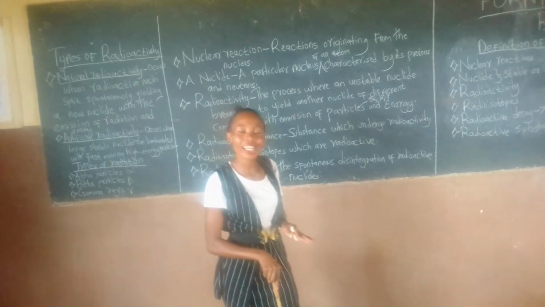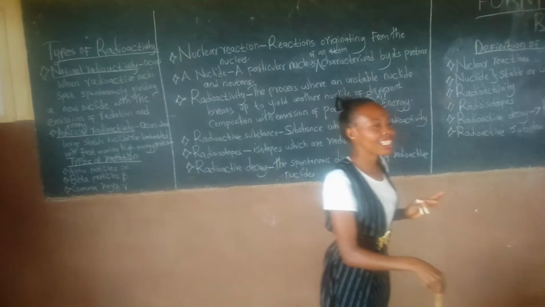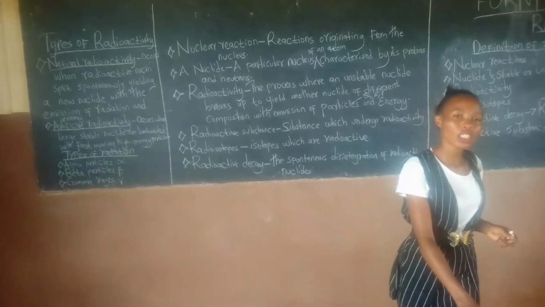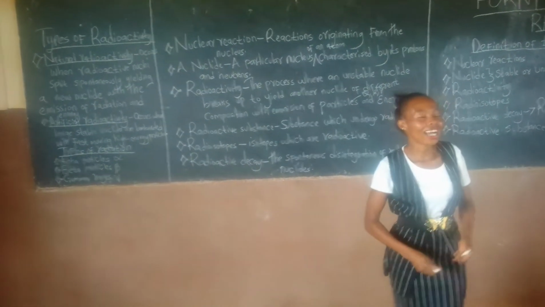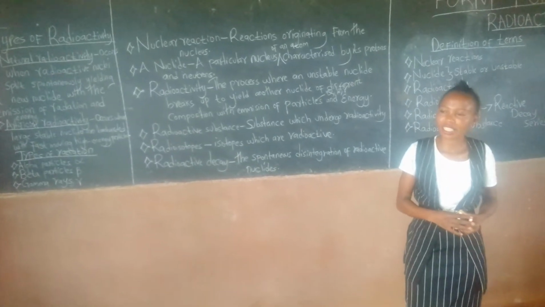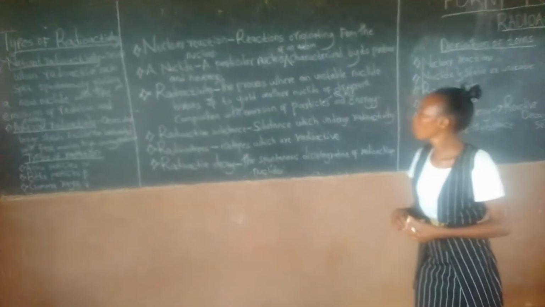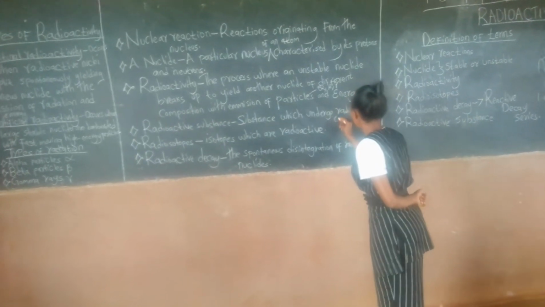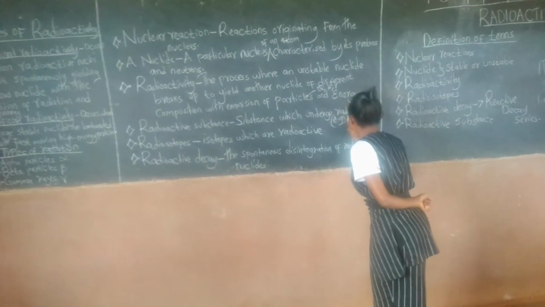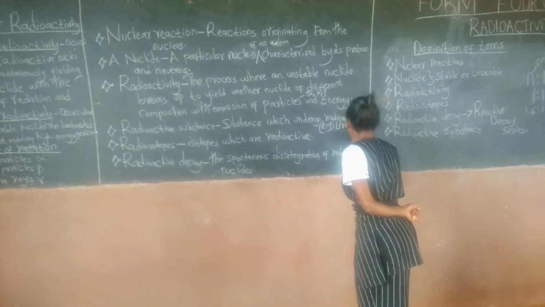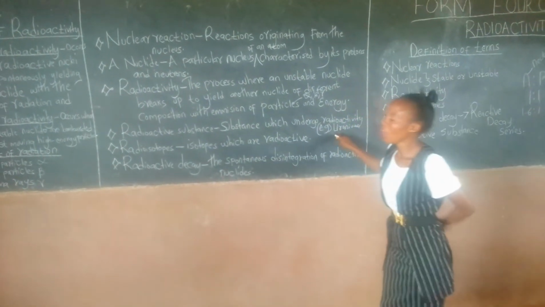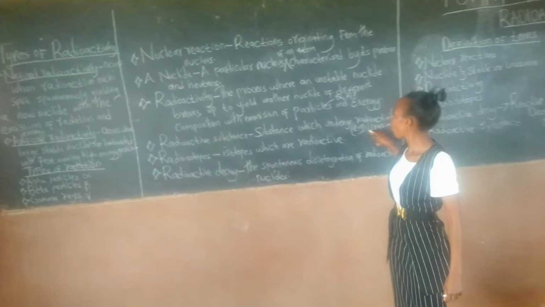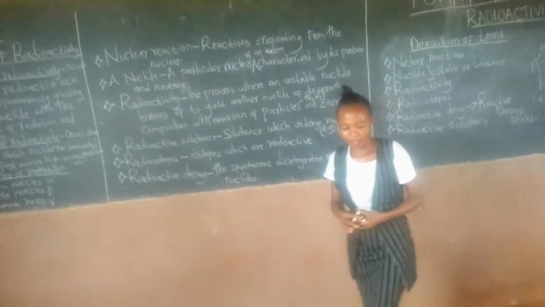Any element that undergoes radioactivity, we shall say that it is a radioactive substance. An example is uranium. It undergoes radioactivity, and so it is a radioactive substance.